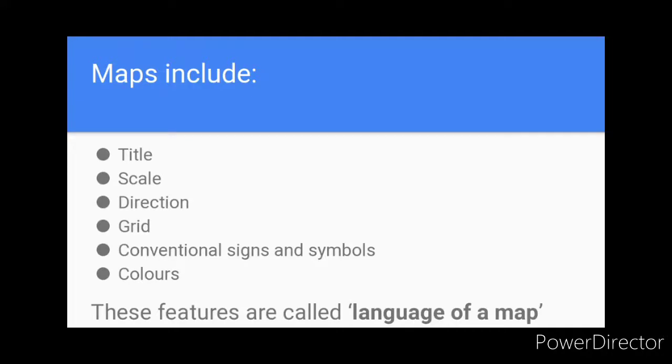This is what a map consists of, and we will look at each of these in detail. These features are called the language of a map, because we can easily read a map if we know all of these things.